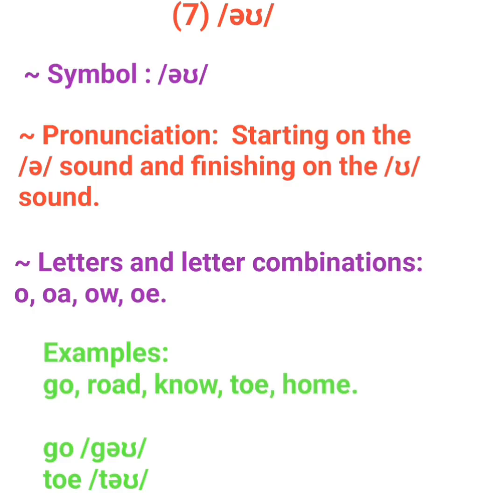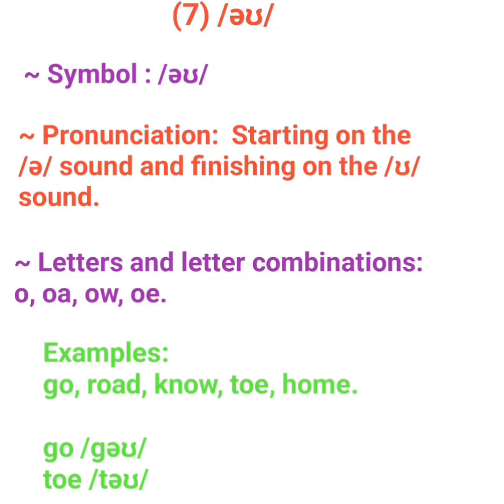It is not pure O. If it were O, it would be a monophthong, just one sound, but it is the schwa sound and the letter U sound. Like we have it in pronunciation, we start on the schwa sound, the weakest form of sound, and finish on the U sound.